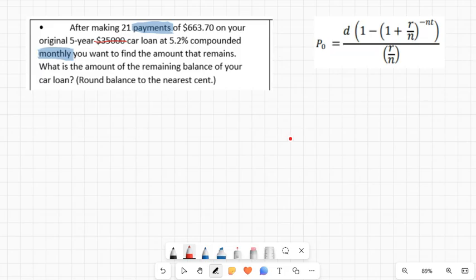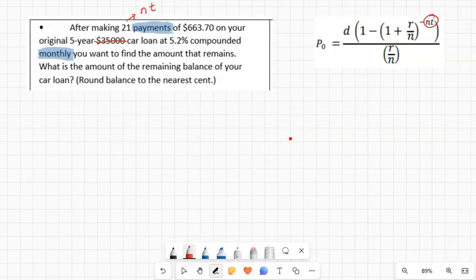We want to know the balance after the 21 payments have been made. Next, the 21 payments is actually the NT value in our formula. It's not a specific number of years, so it's not a T value. The number of payments is what NT represents.